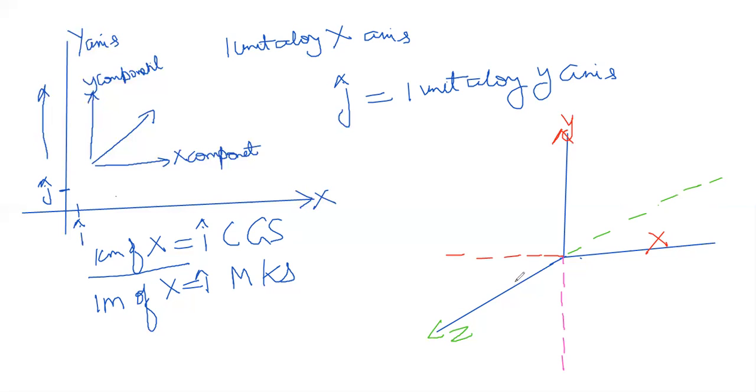If you take a vector traveling along three dimensions, then one unit along the z-axis is called k cap. Is it understood? What is k cap now? It is one unit along the z-axis.